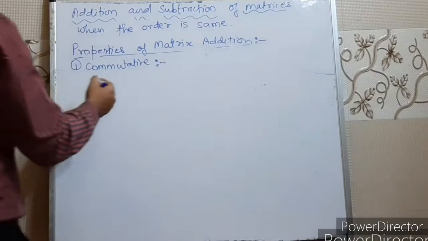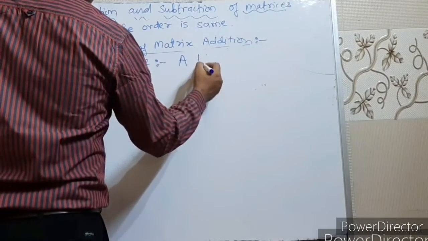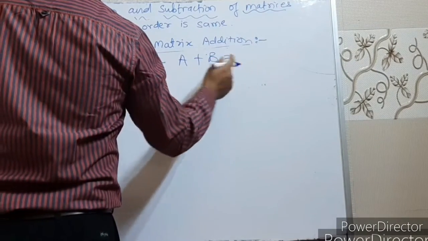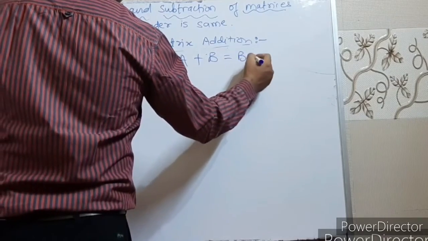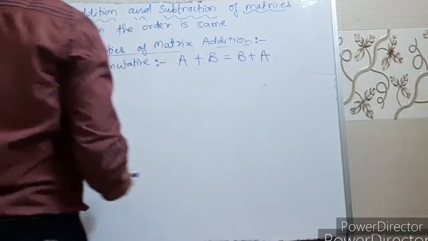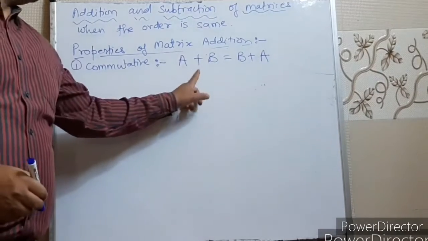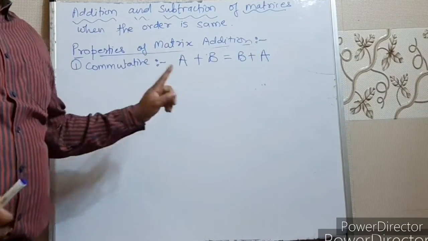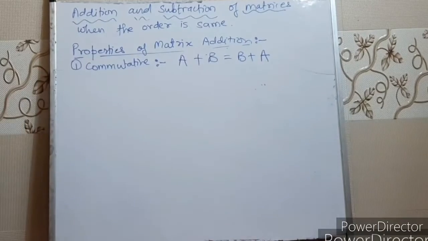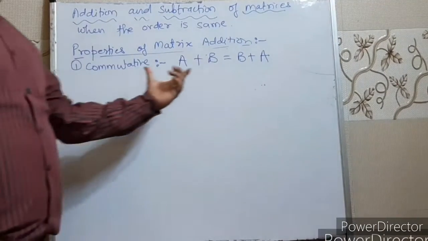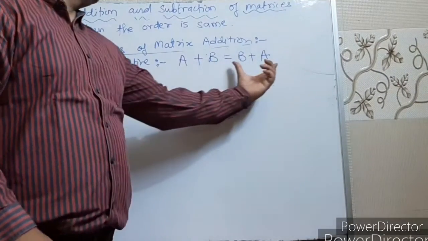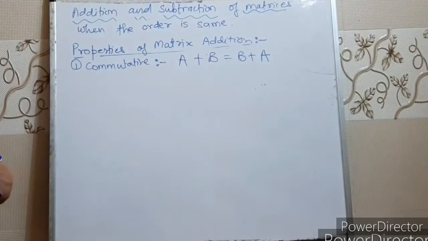Similarly, it will also work in matrices. If A and B are two matrices, A plus B, whatever result we get, is equal to B plus A. Remember, addition must be possible. That means the order of B and A must be the same. Then only this property holds. That means if A plus B exists, then only B plus A will exist.